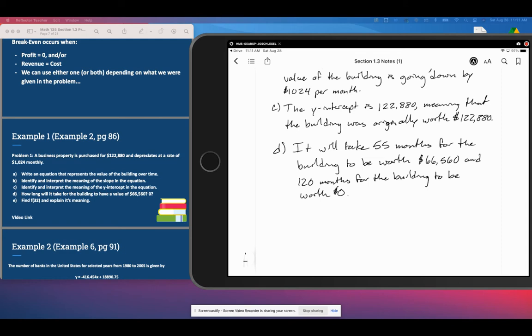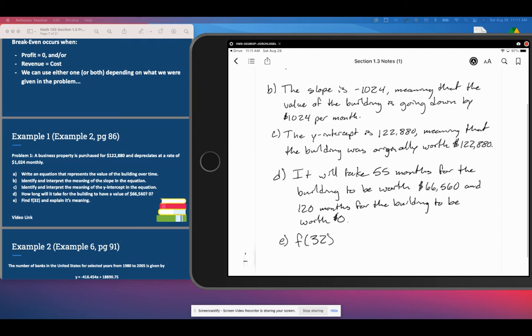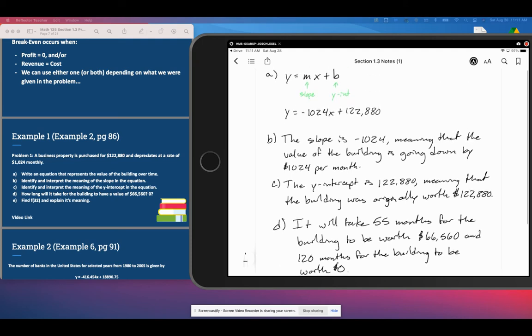Next, for E, everyone, we are asked to find f of 32. And so I will remind you that in the Schlegel notes in the beginning, we discussed the idea that f of 32 is exactly the same thing as y. And so what we're actually going to do is we're going to use our same equation, but instead of putting y in front, we are going to put f of 32 in front.